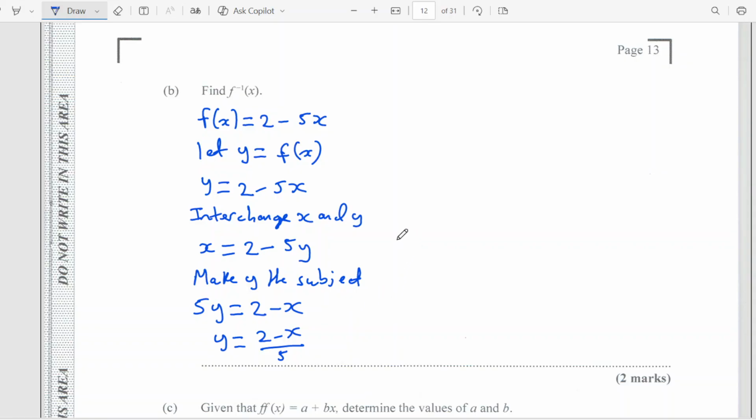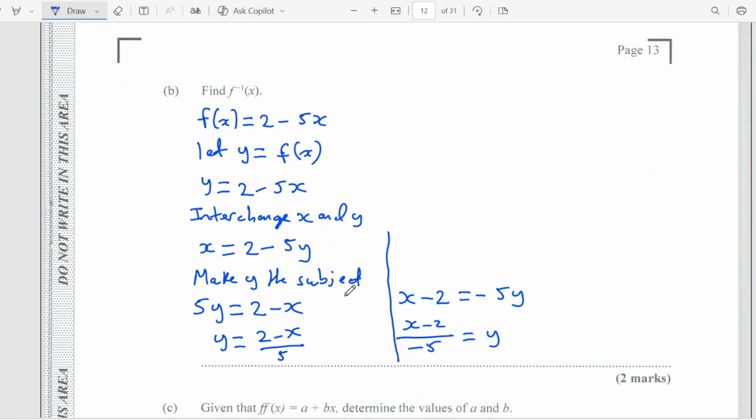The next option is, when we're making y the subject, if we leave the negative 5y on that side and bring the 2 instead, you will have x minus 2 equal to negative 5y. And then to get y by itself, we divide by negative 5. So x minus 2 over negative 5 is equal to y.